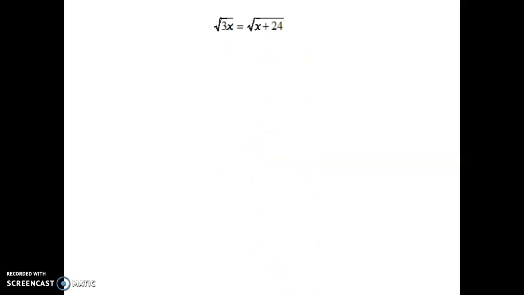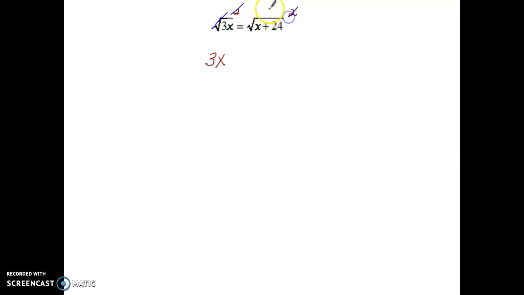Okay, my last example is to demonstrate what we would do if there's a square root on both sides. In this example, I would just apply its inverse on the left, and I would also do that on the right side. On the left side, when I apply that inverse, my square root and raising to the second power, those are just inverses, they undo each other.